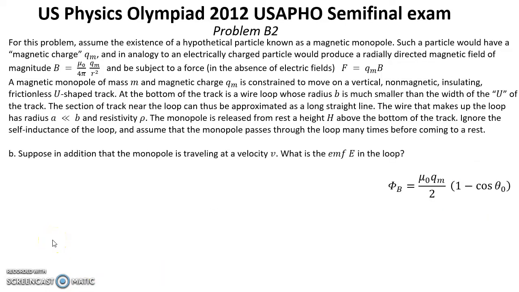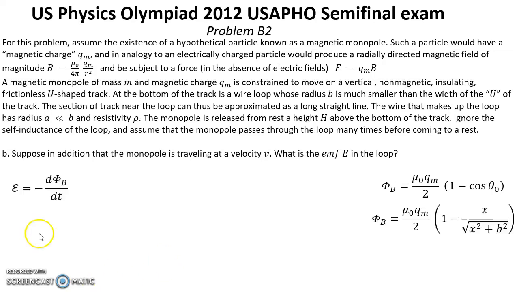Question B. Suppose in addition that the monopole is traveling at a velocity v, what is the EMF E in the loop? Here we can use the change of magnetic flux with the change of this monopole position, and we count how fast this change of flux is. First of all, EMF equals negative dFB over dt.